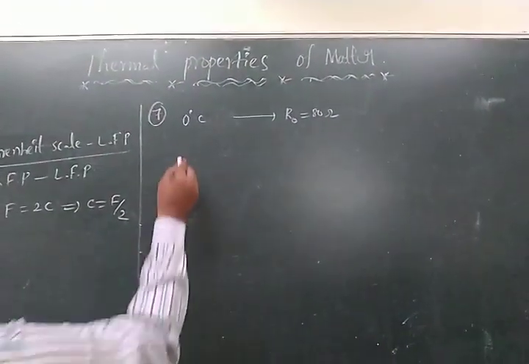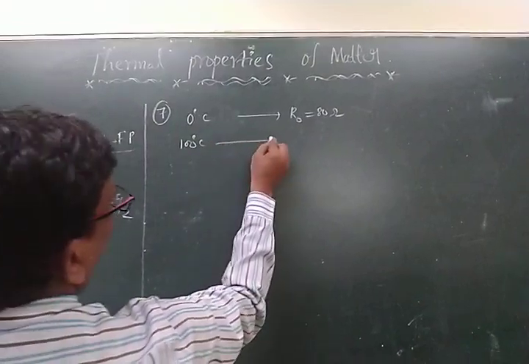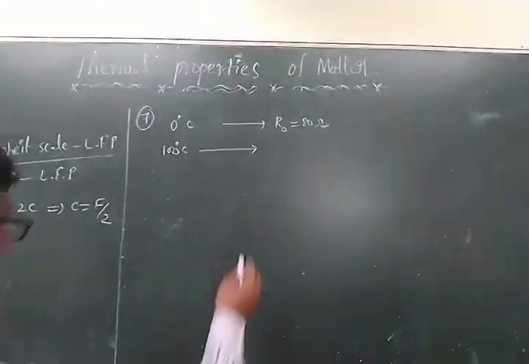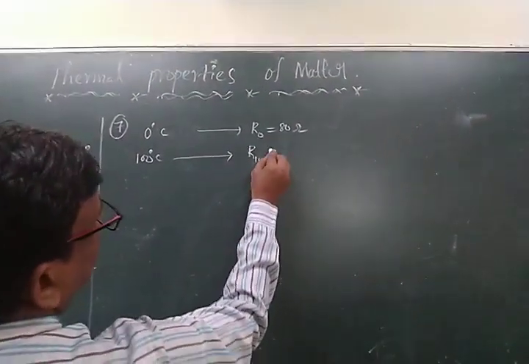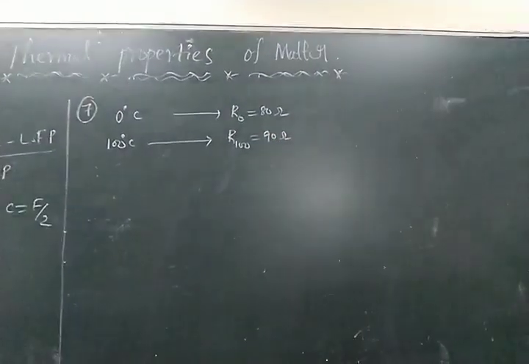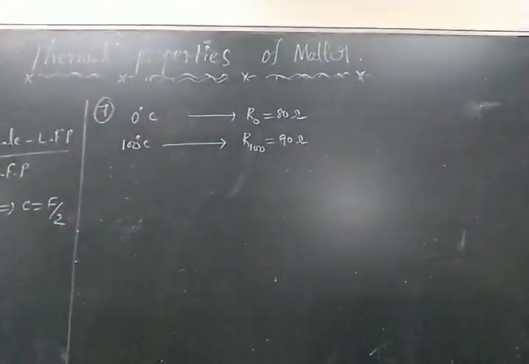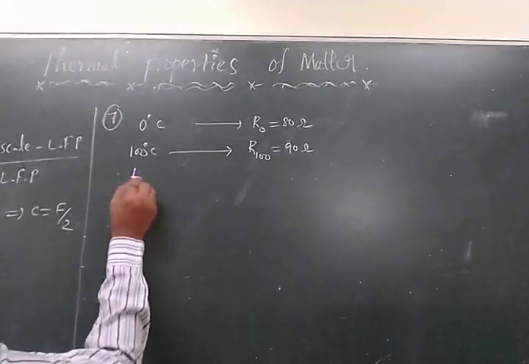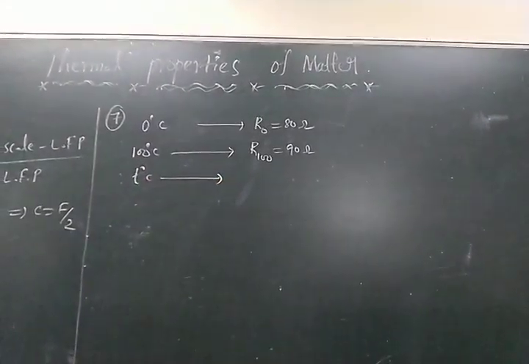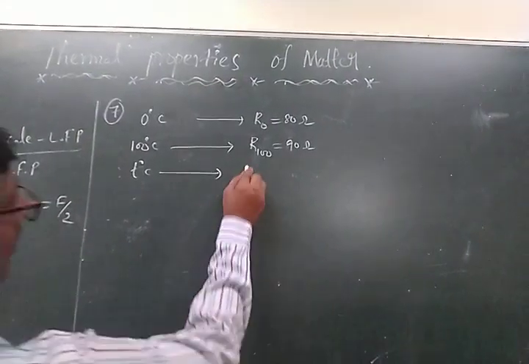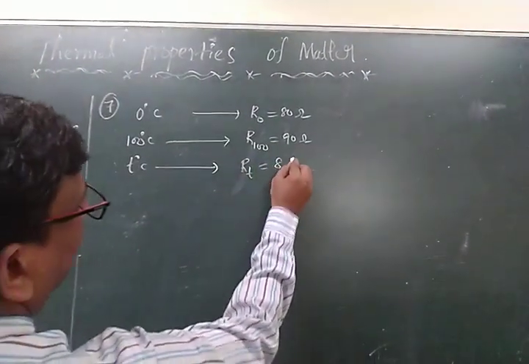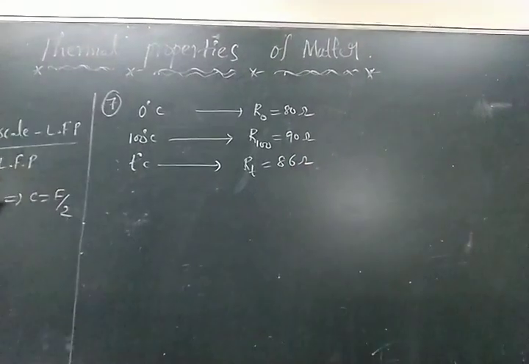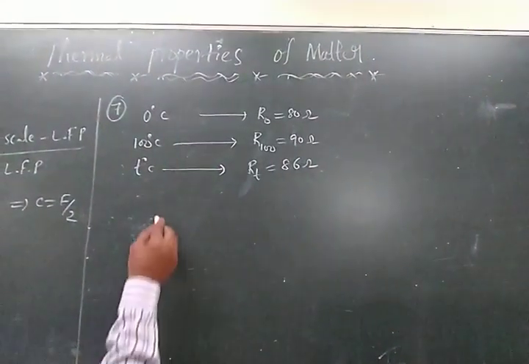At 100 degrees centigrade, the resistance is R100 = 90 ohms. Find the temperature on the platinum scale at which the resistance reads RT = 86 ohms. What is the temperature?